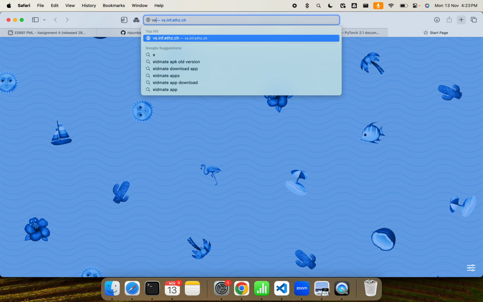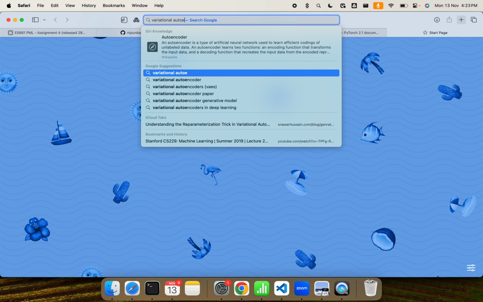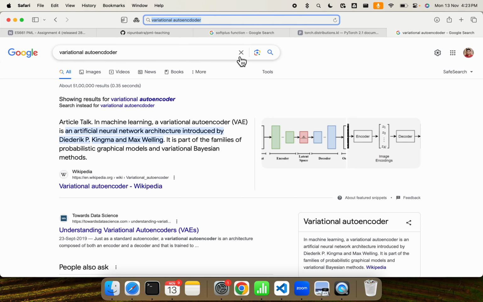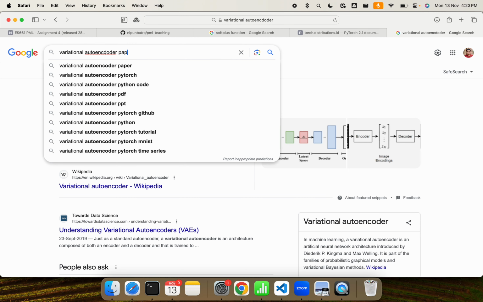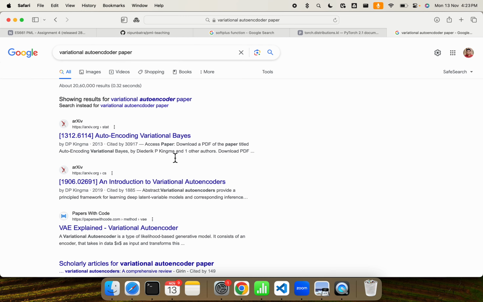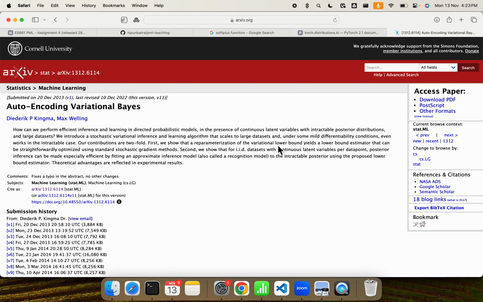The paper is called Auto-Encoding Variational Bayes from 2013, 2014 or so.